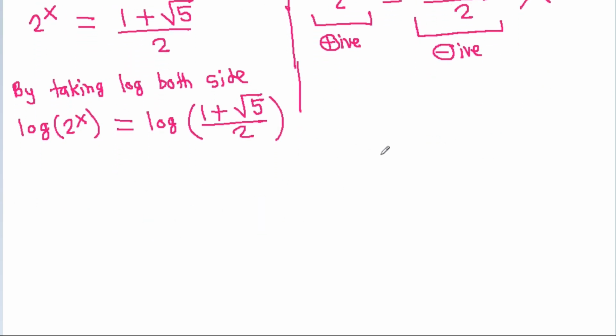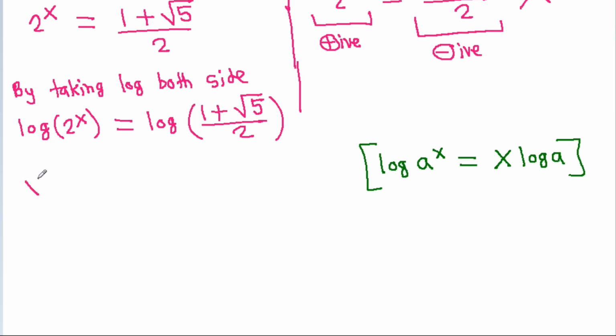And log a^x is equal to x times log a. So x times log 2 is equal to log of (1 + square root of 5)/2.